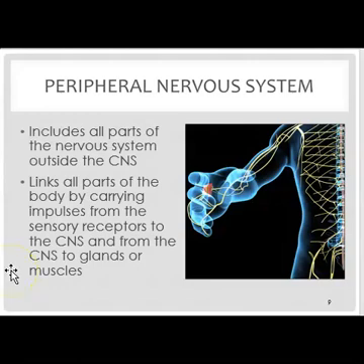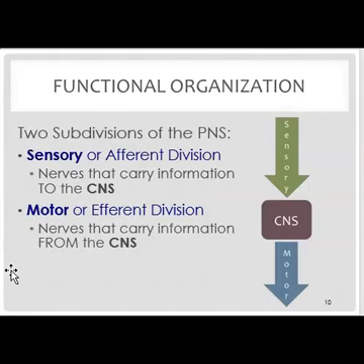Your peripheral nervous system is further divided into a sensory or afferent division and a motor or efferent division. And again, just look at the words to help you think about what these two divisions do. The sensory or afferent division is those nerves that carry information to the central nervous system. So again, I see the red light, I see the yellow light.